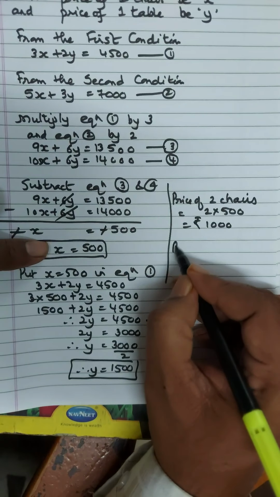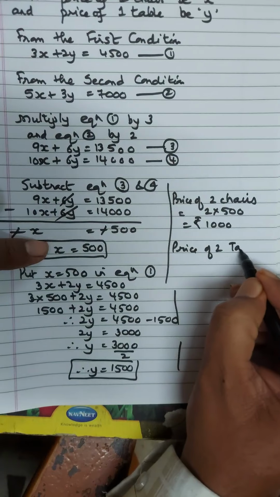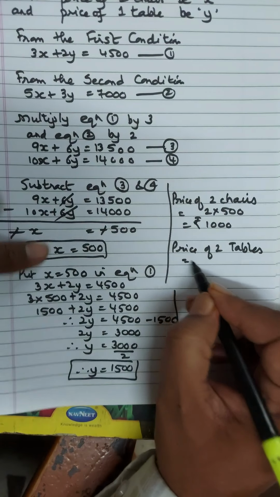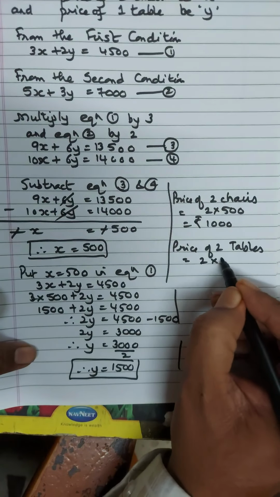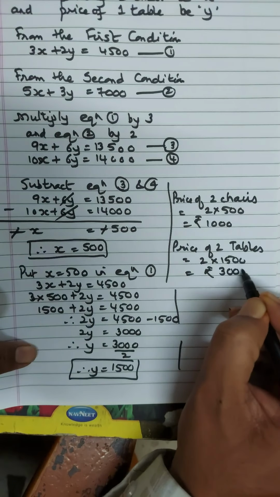And the price of 2 tables: tables we got as y, 1500, so 2 into 1500 is 3000 rupees.